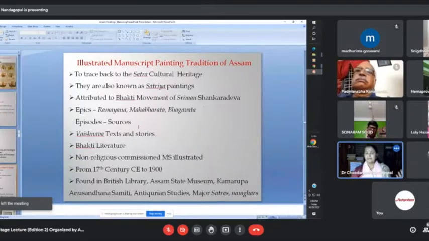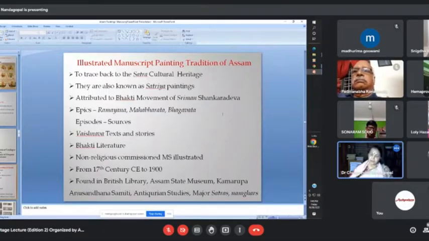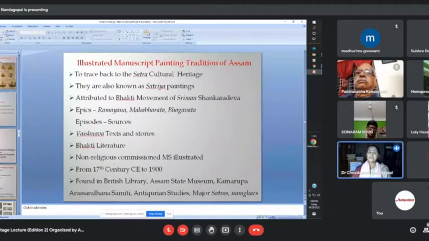So at that time, the epics of Ramayana, Mahabharata, Bhagavata were all chanted so regularly by the people, and they felt that it should be illustrated also. So illustration began. And so many episodes, because when you take Ramayana, there are hundreds of episodes. Mahabharata, Bhagavata, so rich. These episodes became the sources for manuscript tradition. So it is all Vaishnava texts.